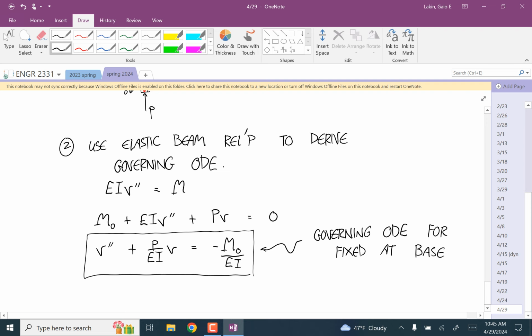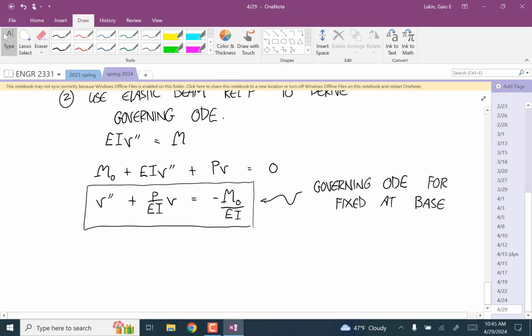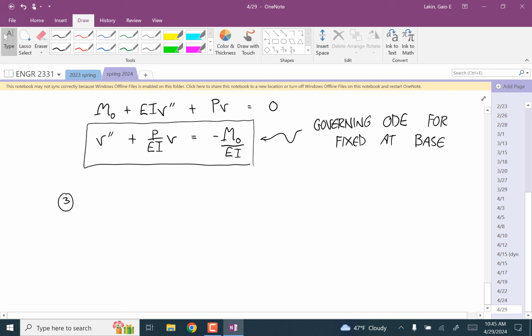Okay, so now how are we going to go about solving this? This is where it gets a little different than the first case. So now we're going to find a general solution to the homogeneous equation.